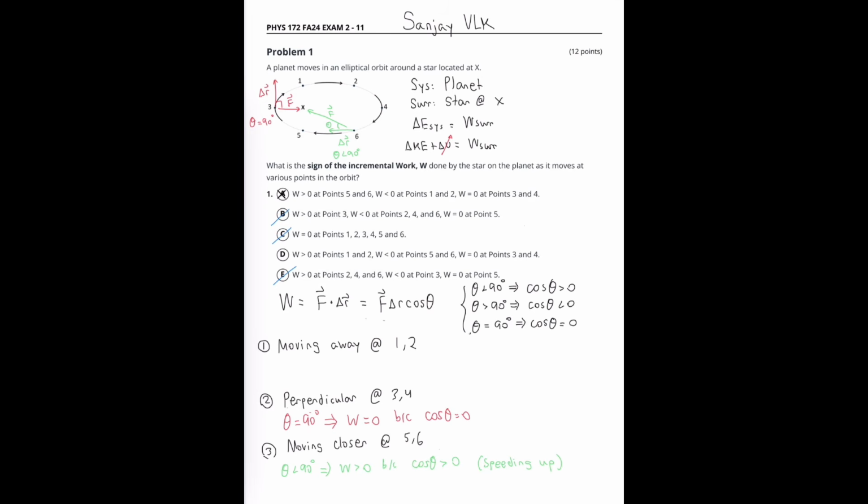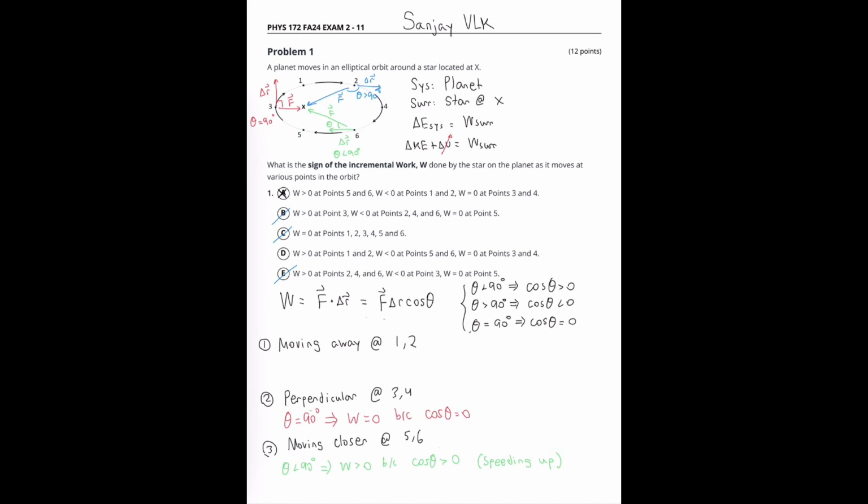And in our third case, let's do point 2. We have change in r, we have the force, and we have our theta. Theta in this case is greater than 90 degrees. So for case 1 where it's moving away, theta is greater than 90 degrees, which will imply that the work is less than 0 because cosine theta is less than 0.